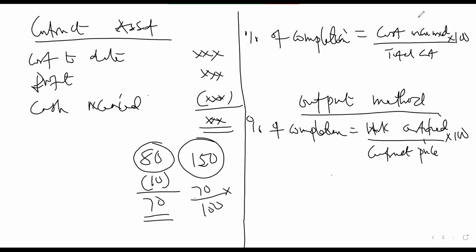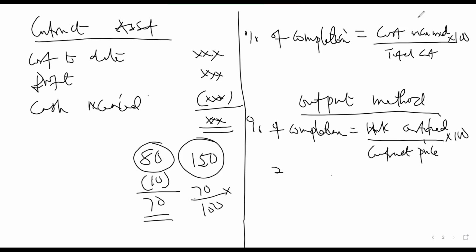So for this one, we use the output. A professional has certified your work. You divide the value of the work certified by the contract price, and that is it. It means that out of the revenue, that is the portion that you'll be recognizing.